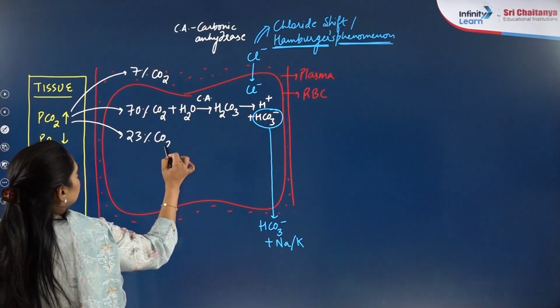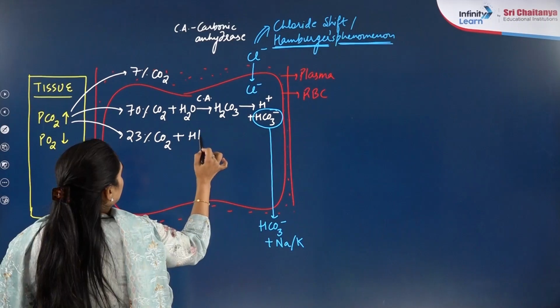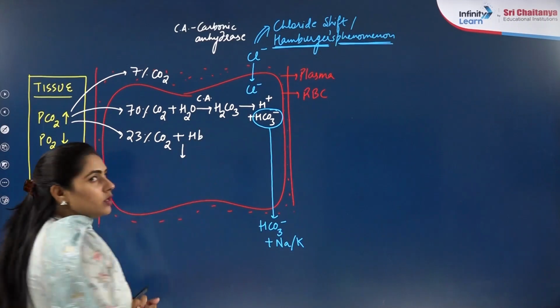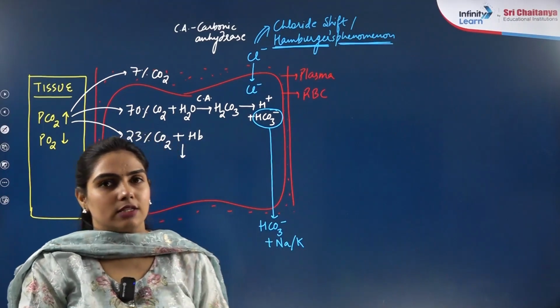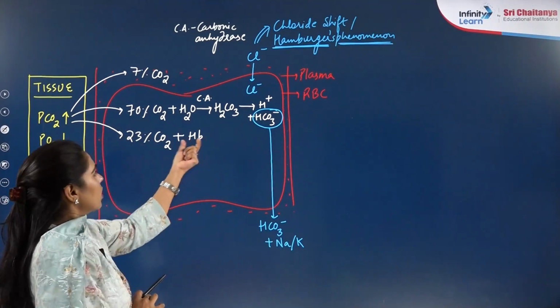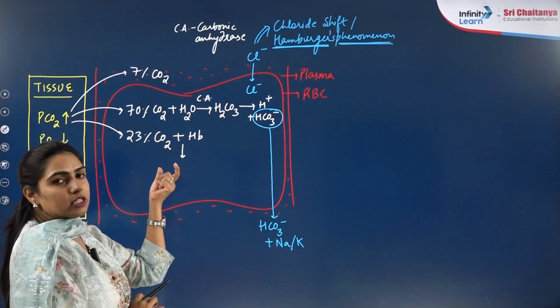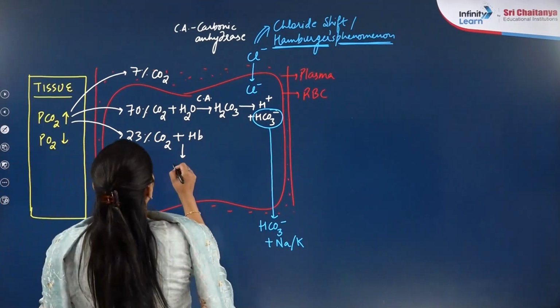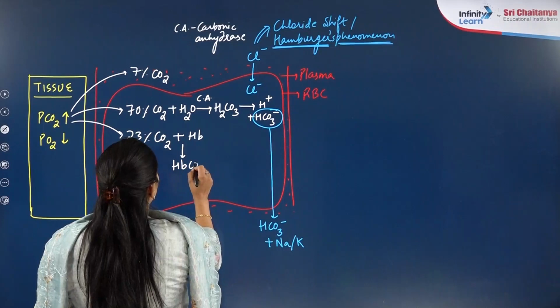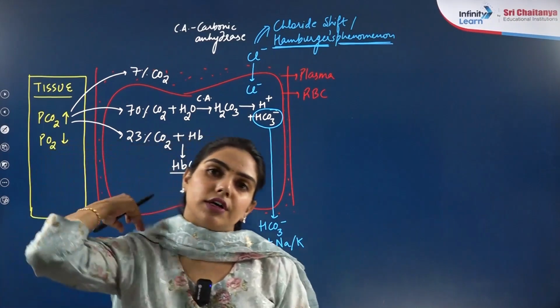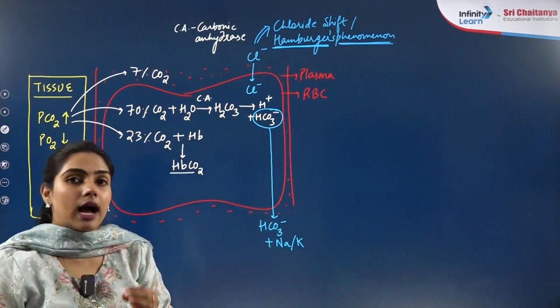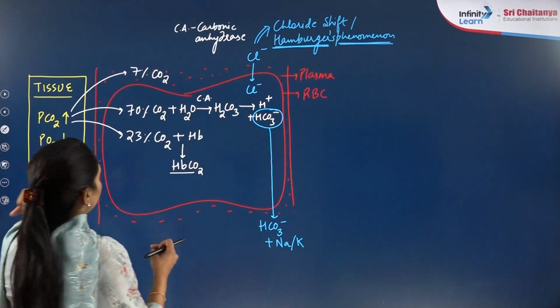It will meet hemoglobin and ask, can you take me with you till the alveoli? So yes, obviously, the hemoglobin will bind the CO2 with it and form HbCO2, or you can say carbaminohemoglobin. I have already told you the name of this compound, carbaminohemoglobin.